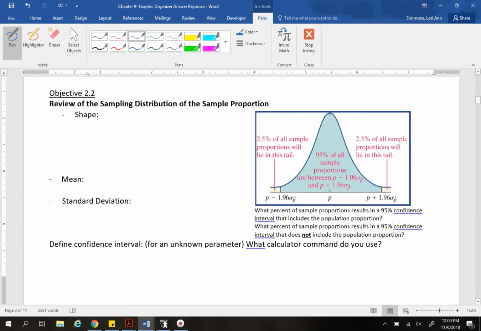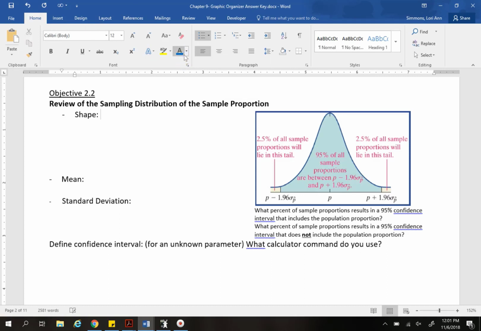So let's review the sampling distribution of the sample proportion. I'd like you to try and fill these in from what you've learned in Chapter 8. So when is the shape going to be approximately normal for a sample proportion?